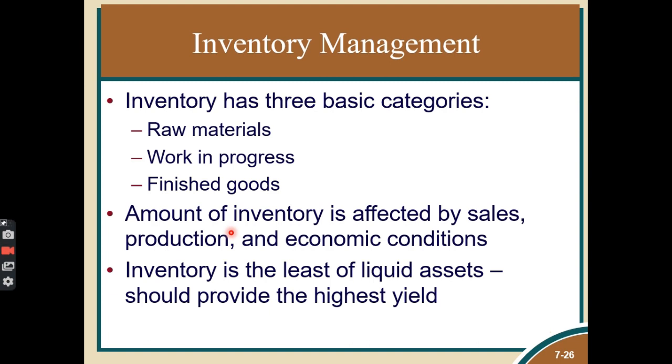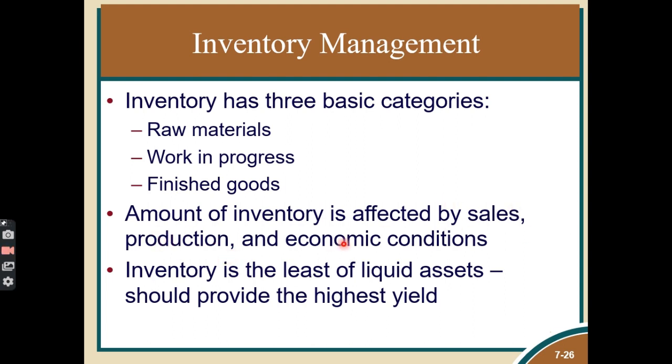But the question is, what if the demand is 100 units and you only have 30 units? Then you need to produce an additional 70 units to meet all of the demand.